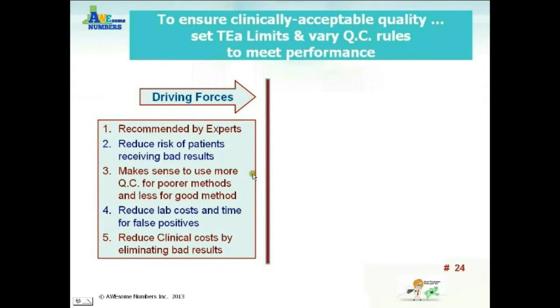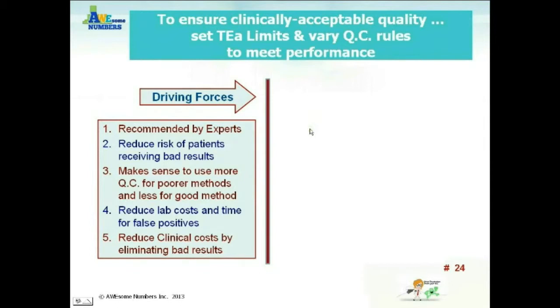This is recommended by experts. It's proven to reduce the risk of patients receiving bad results. It makes sense to use more QC for poorer methods and less QC for good methods. You reduce lab costs and the time for false positives, and you reduce clinical costs by eliminating the bad results.